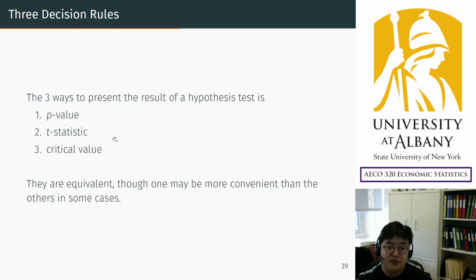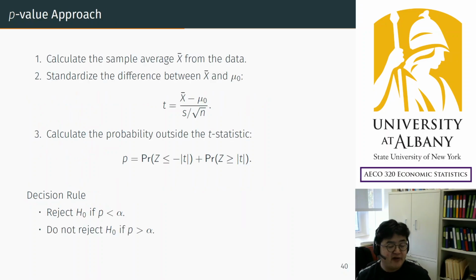That is possible. Or you may need to use the critical value in your program. So depending on the situation, you may need to switch between them, but they are mathematically equivalent. So it is a way of expression.